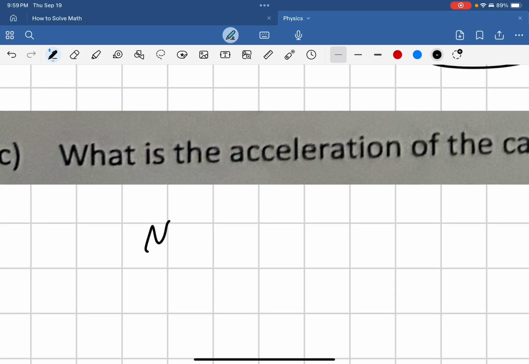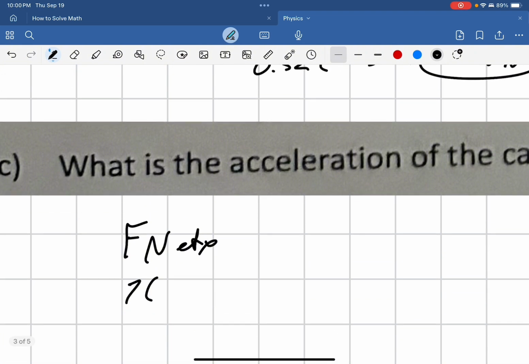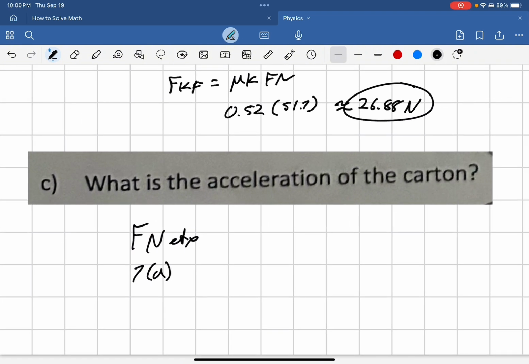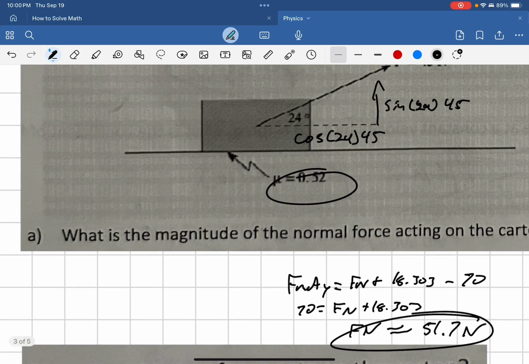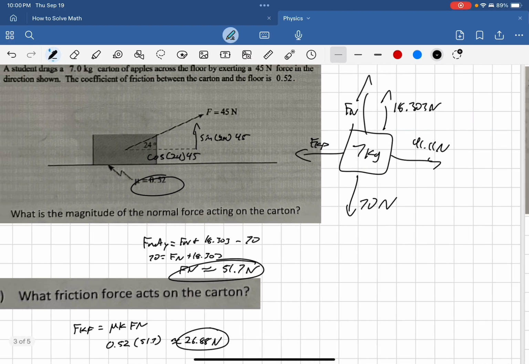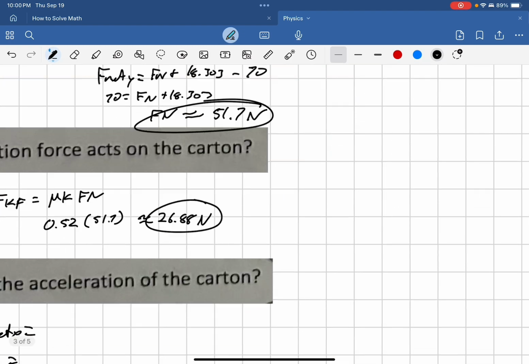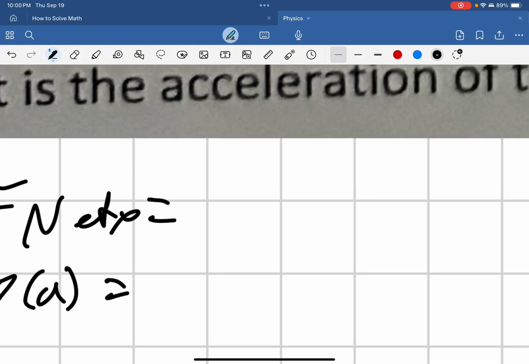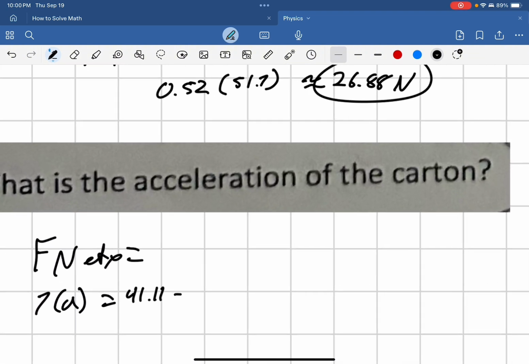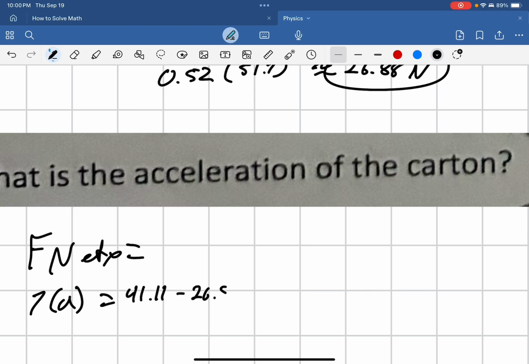What is the acceleration of the carton? We know that F net of x is going to be mass times acceleration. The mass was 7, right? 7 times a is equal to 41.11 minus our force of friction, 26.88.